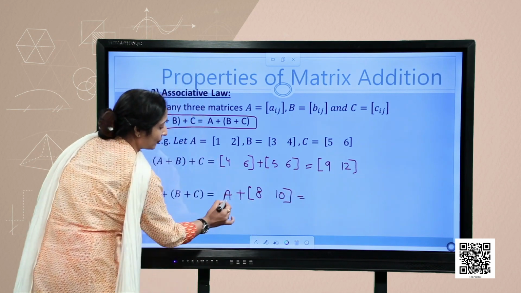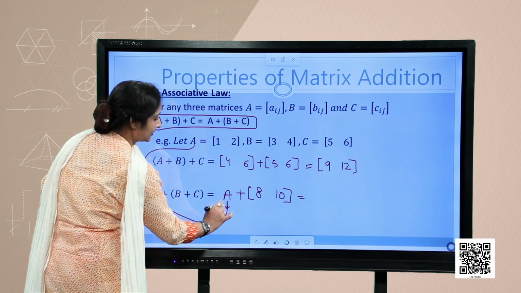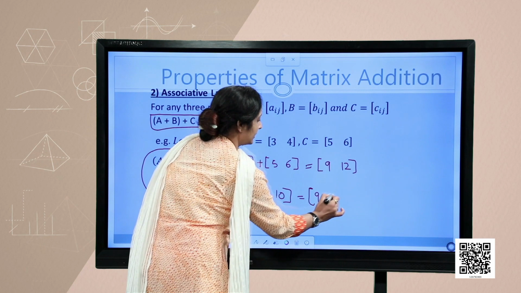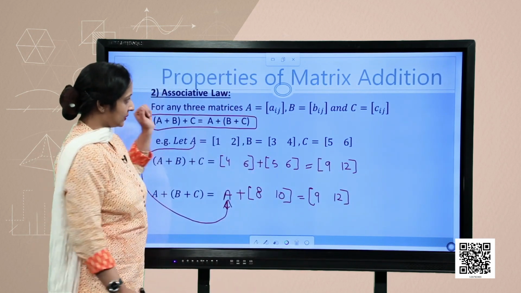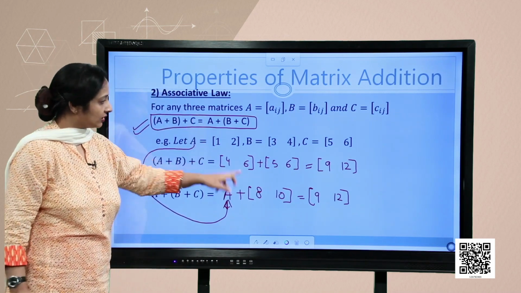Then in place of A, you can write this value of matrix A. So, it becomes 9 and 12. So, you can see answers are coming the same. That means this associative law is verified for the given case.